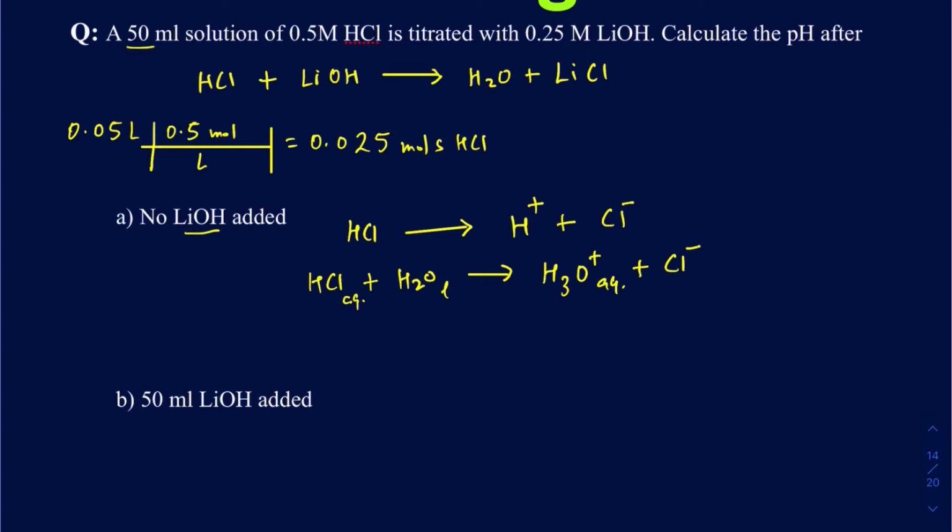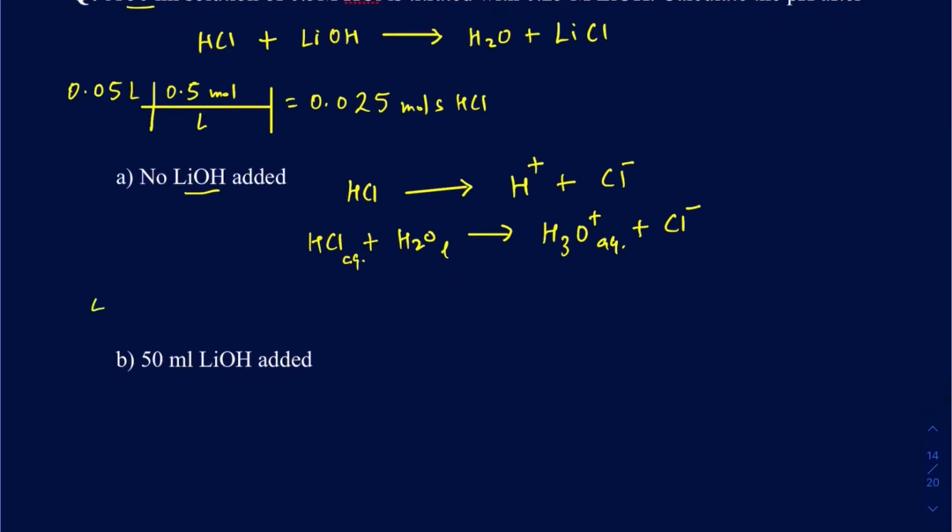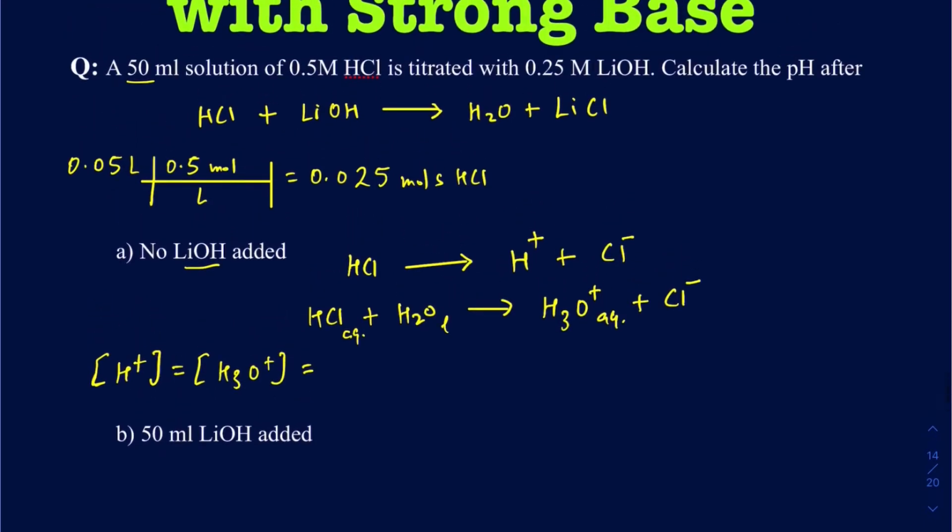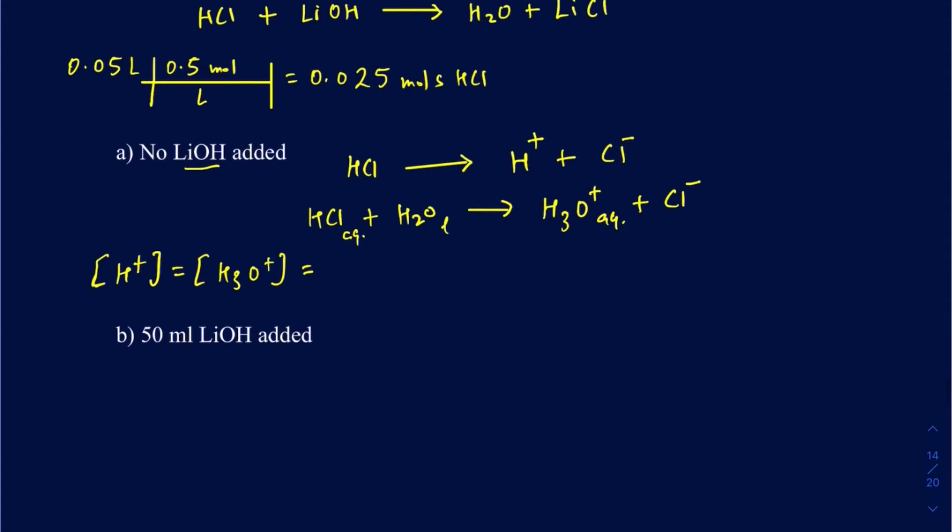But since we know it's going to dissociate completely, the concentration of H plus, which is the same as H3O plus at the end of the day, is going to be whatever concentration of HCl you're starting out with, because it's a strong electrolyte that dissociates completely into ions, so 0.5 molar.